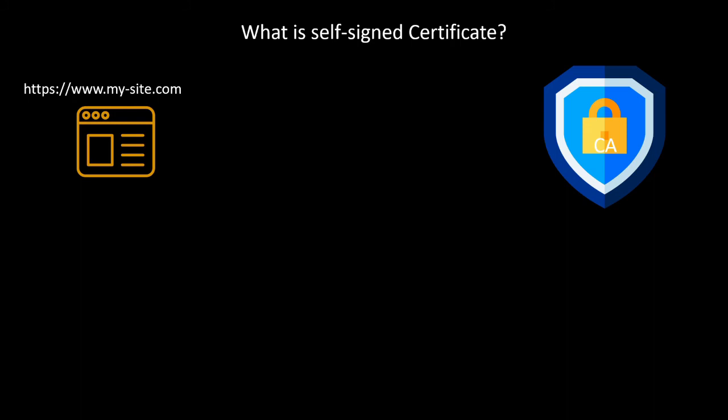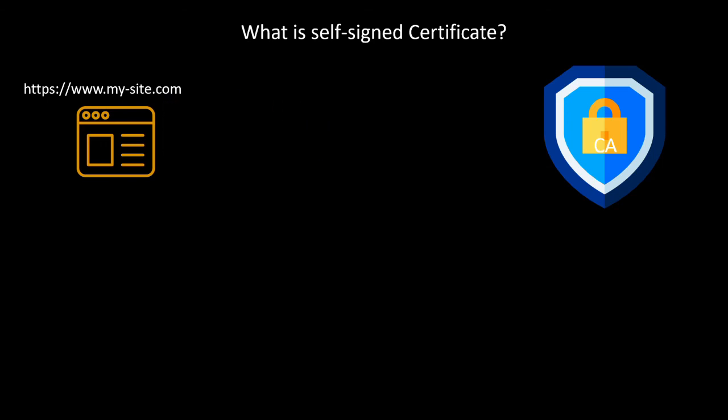But the question is, who will sign the certificate? Here, self-signed certificates come in handy. In order to create a self-signed certificate, the CSR needs to be created and signed. Once the certificate is ready, it can be used for encryption and decryption.